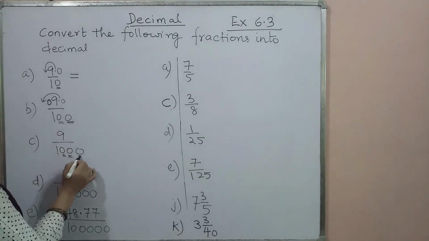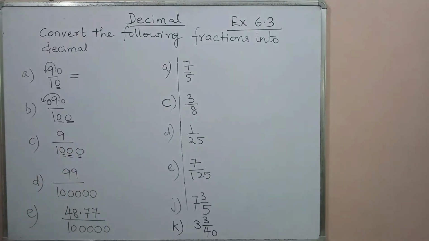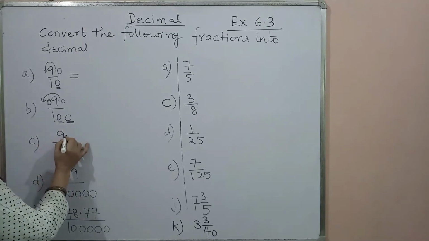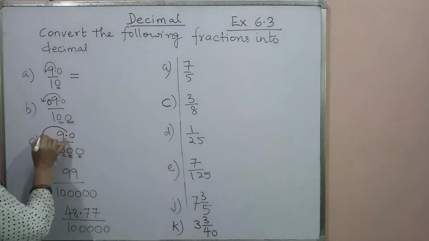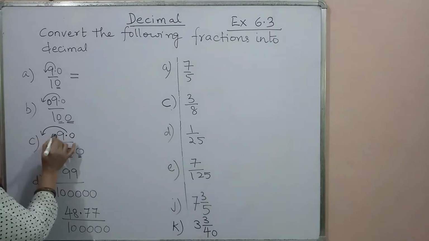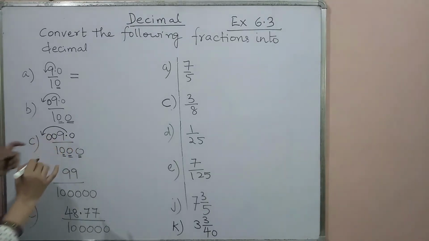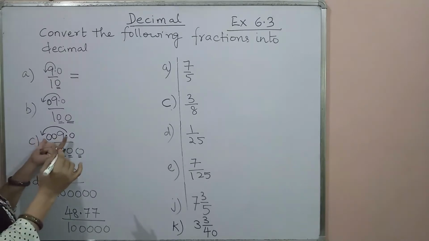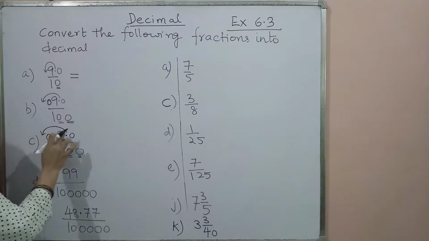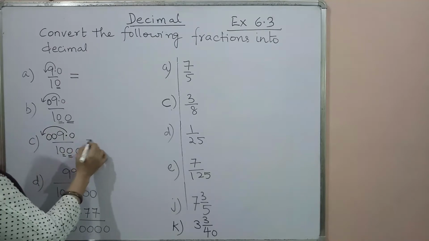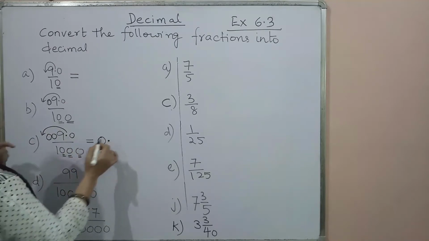In this case, there are 3 zeros, so we have to shift the decimal by 3 digits. 1 is already there, and 2 more zeros are added. The number becomes smaller when you shift the decimal. That means the answer is 0 point.